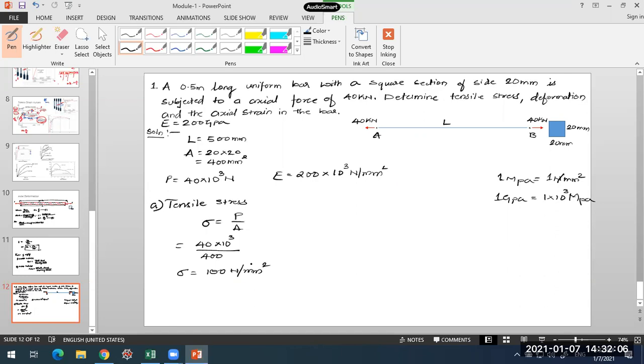It is also mentioned in the question that if not tensile, you have to give the nature of stress also. So tensile stress is the first one we were supposed to determine here.